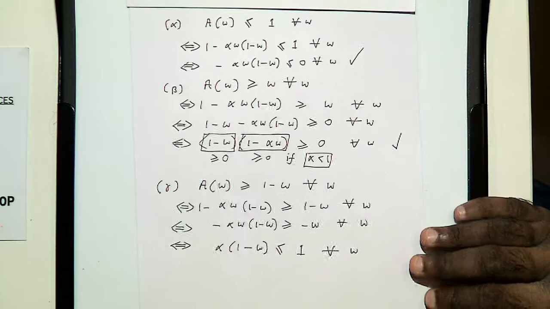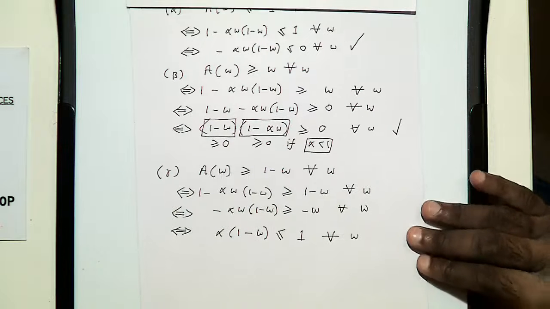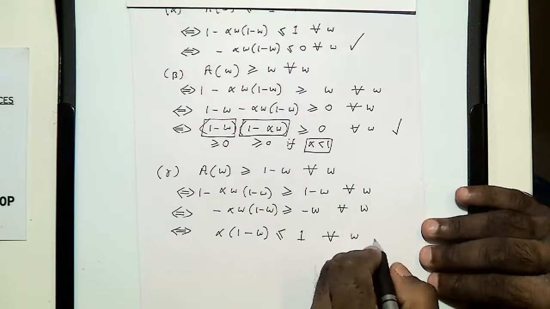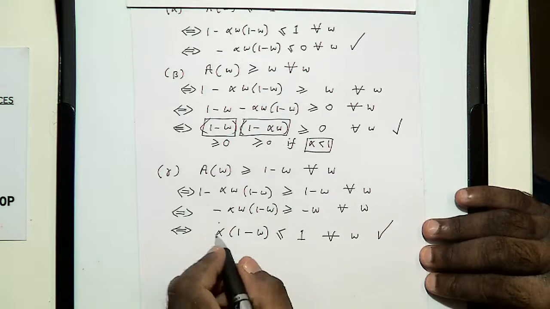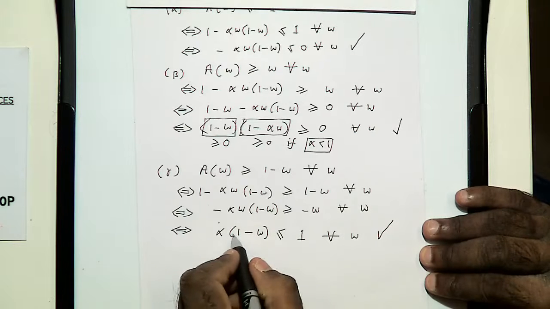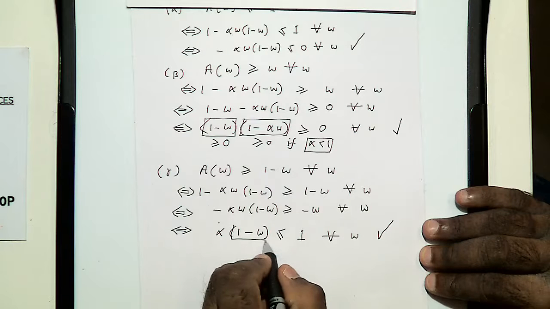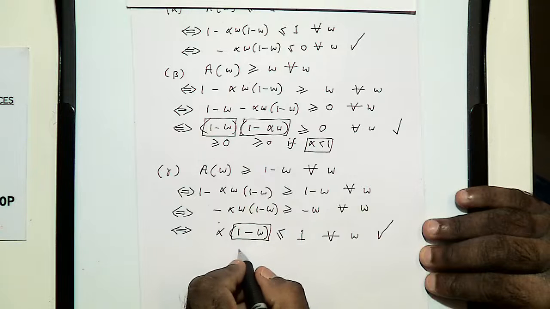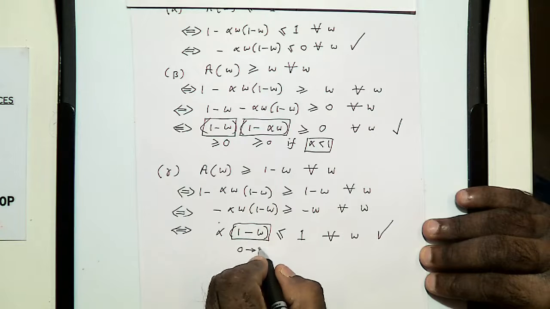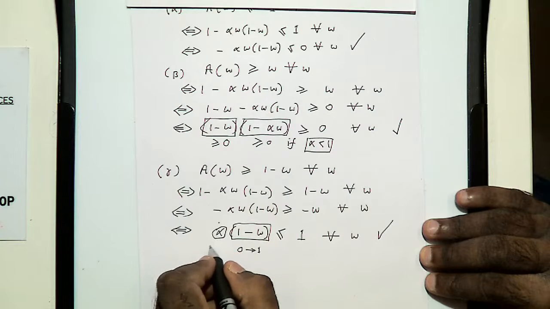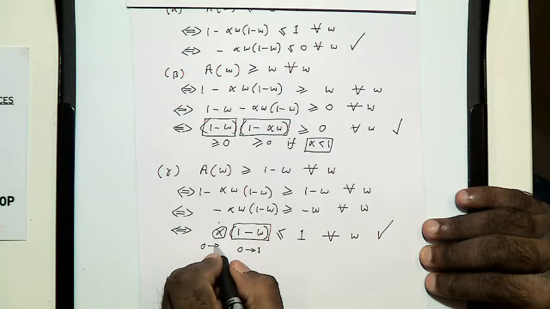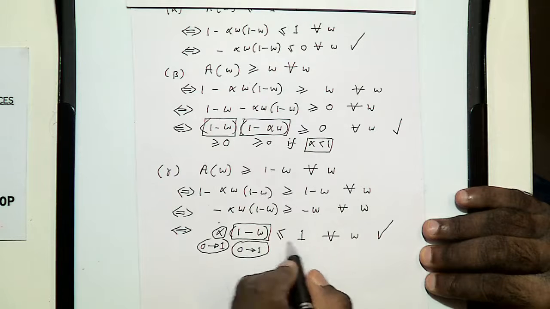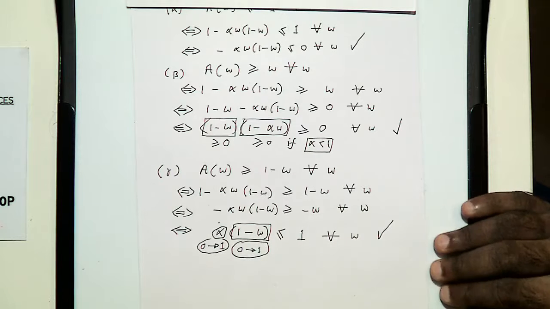All right, and this is true. This is true because this is a number between 0 and 1, right? It's from 0 to 1, and this is also a number between 0 to 1. All right, so therefore this statement must be true, right?